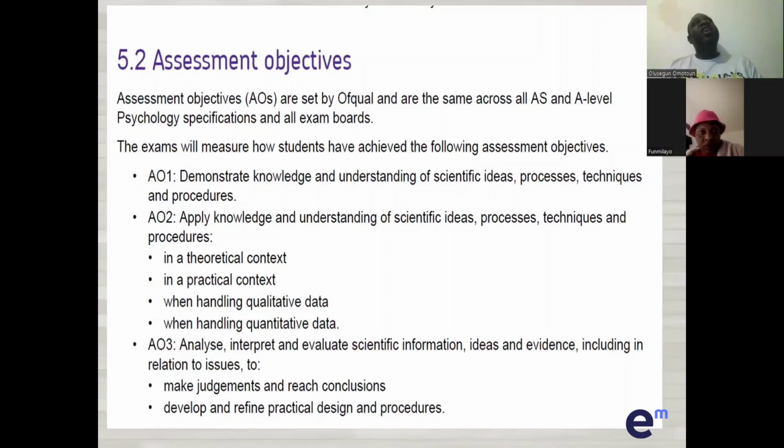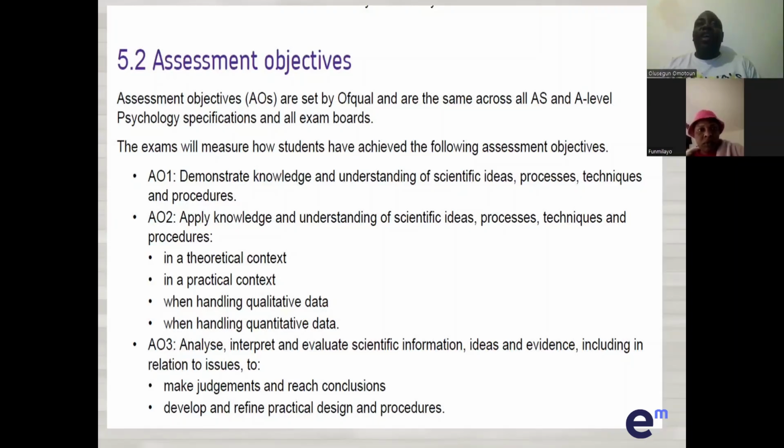So when you see a question, let me give you a practical example. Mike went to a supermarket and saw Gabriel. Mike smiled at Gabriel and Gabriel smiled back. Explain.